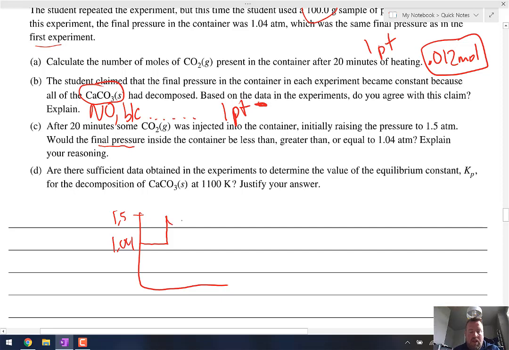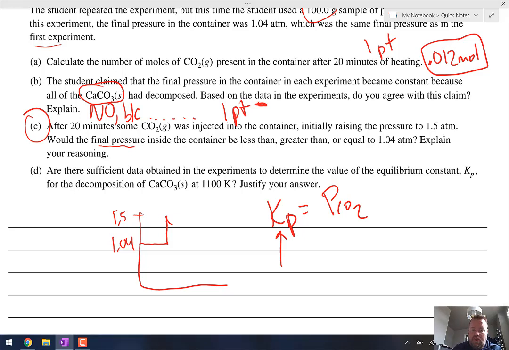Now, typically, it doesn't go all the way back down to 1.04. But this one's a little bit tricky because we know that the Kp or the Kc value is simply based on the pressure or the concentration of CO2. And we know that the equilibrium constant value cannot change unless the temperature changes, which means if Kp is based on the pressure of CO2 and at equilibrium the pressure of CO2 is 1.04, that number can't change.